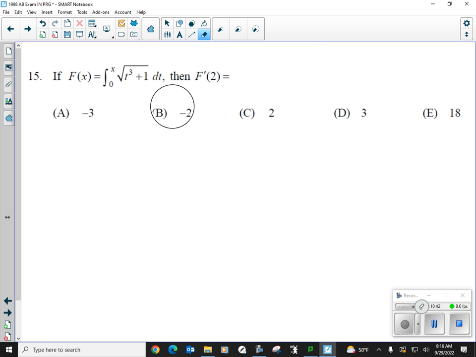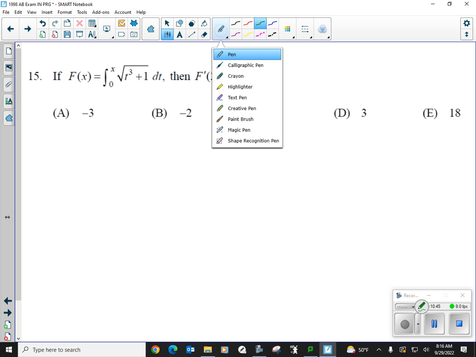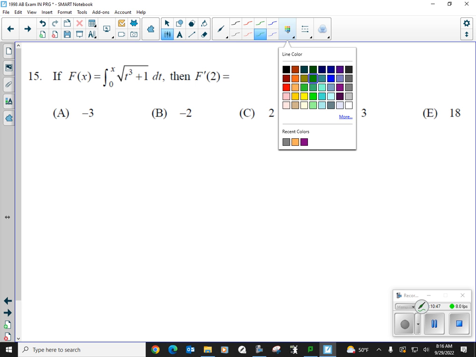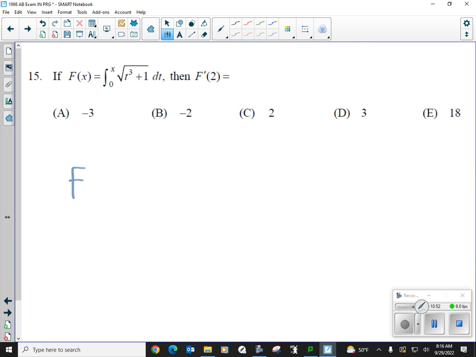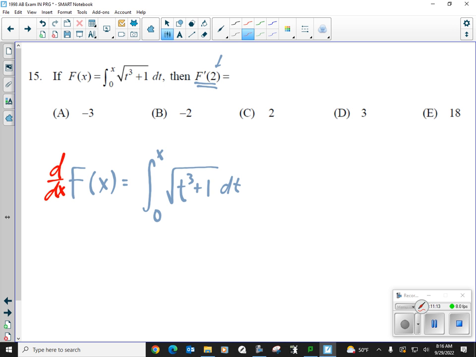But right here, let's go with this light blue. If f of x is the integration from 0 to x of the square root of t cubed plus 1 dt, and they're asking you for f prime at 2. Well, if I'm going to take the derivative of f to get f prime, I also got to take the derivative of the other side.